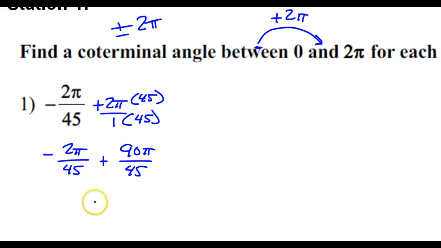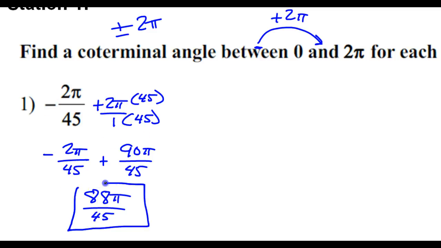So that's going to make 88 pi over 45. So this is definitely a coterminal angle since we just added 2 pi and it's gone from negative to positive. So you can bet that this is the answer.